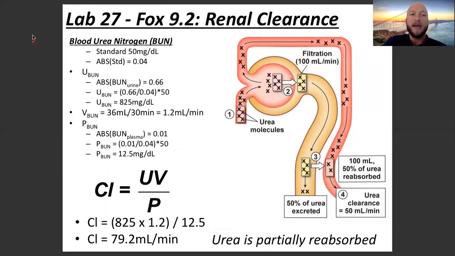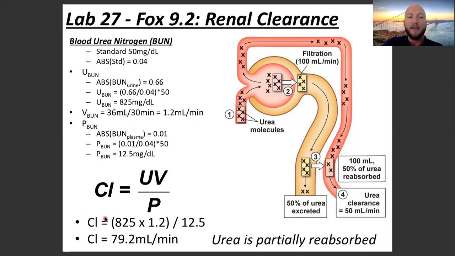Now, let's look at the situation with urea. So we have blood urea nitrogen, and it is going to be filtered. It's going to leave the glomerulus and go into the renal tubule system. As it goes through the renal tubule system, 50% of it will be reabsorbed. It's not like glucose where 100% gets reabsorbed. It only gets partially reabsorbed back into the peritubular capillaries.